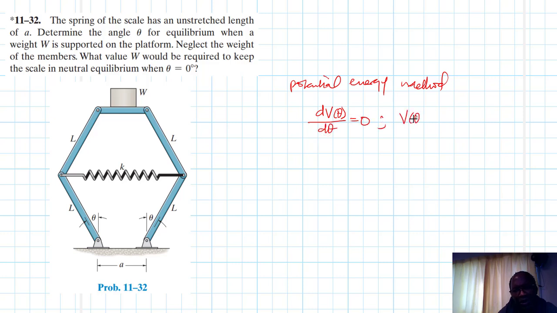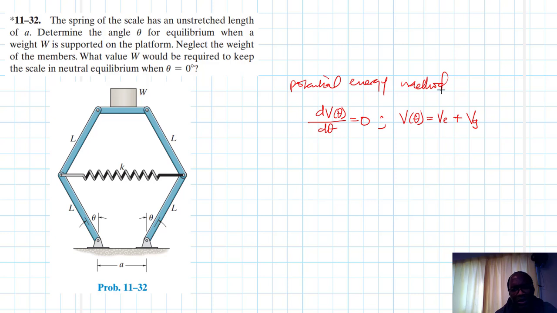And this particular function is due to the elastic potential energy Ve and gravitational potential energy. We can either have both of them or one of them.